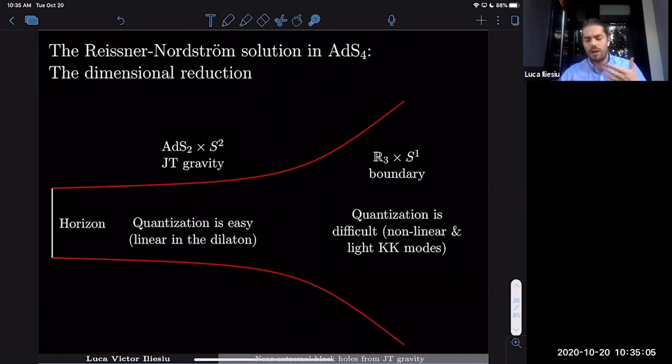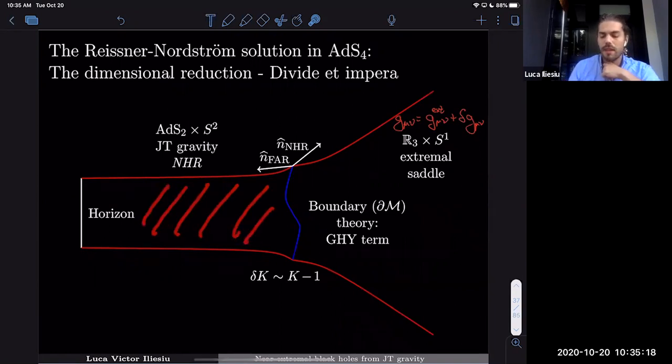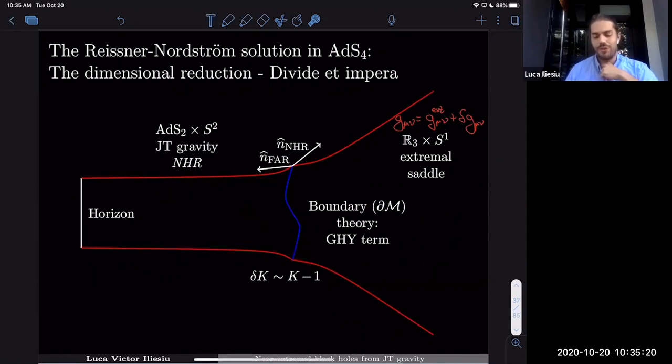So in order to resolve this problem, I do the following trick. I can separate my space into two parts: a part that's arbitrarily chosen that I call the near horizon region, and a part that's arbitrarily chosen that I call the far away region. The way in which you separate them is by some curve that I draw here in blue, on which we just impose Dirichlet boundary conditions.